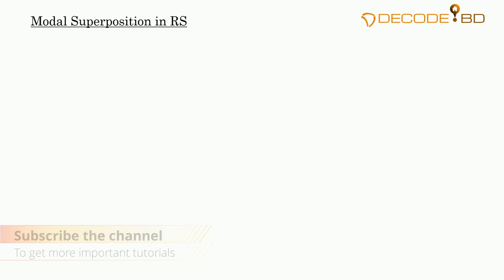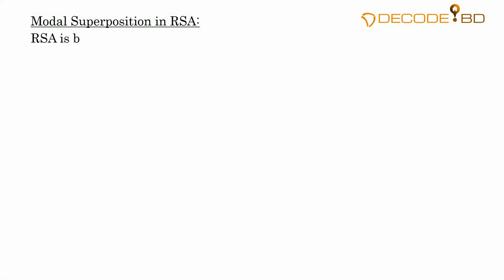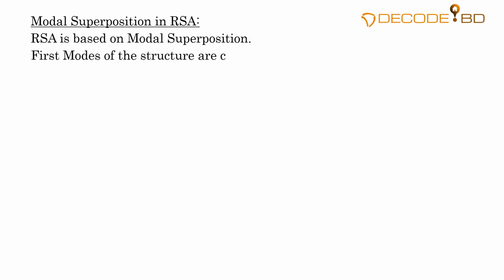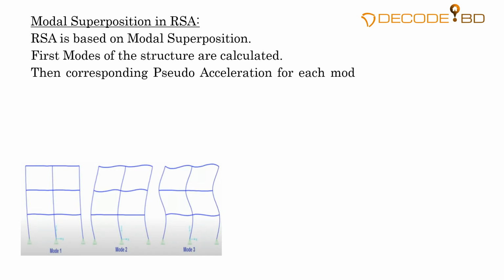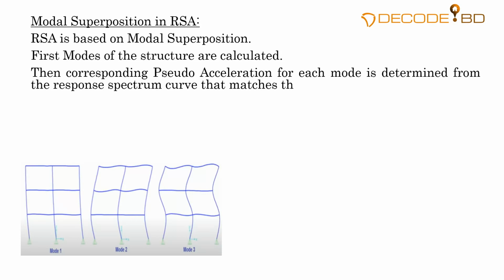Modal superposition in response spectrum analysis. RSA is based on modal superposition. At first, modes of the structure are calculated like in this figure: mode 1, mode 2, mode 3. Then the corresponding pseudo acceleration for each mode is determined from the response spectrum curve that matches the damping of the mode.